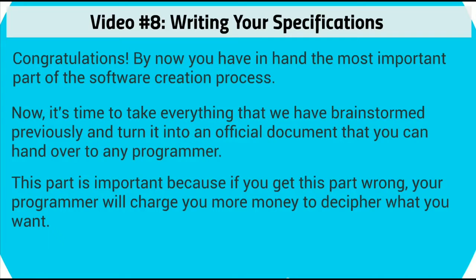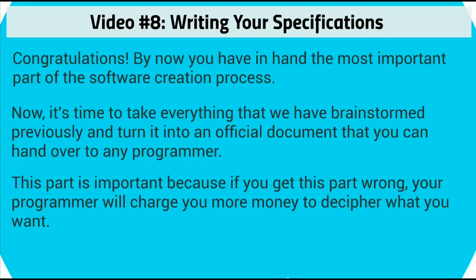What we talked about in the previous video about the telephone game, where you tell somebody, they tell somebody, and they tell somebody. Even if it's 3 people, by the time it gets to the third person, it's totally different. That's why you want to make sure you have a written document, which essentially is your contract between you and the programmer.